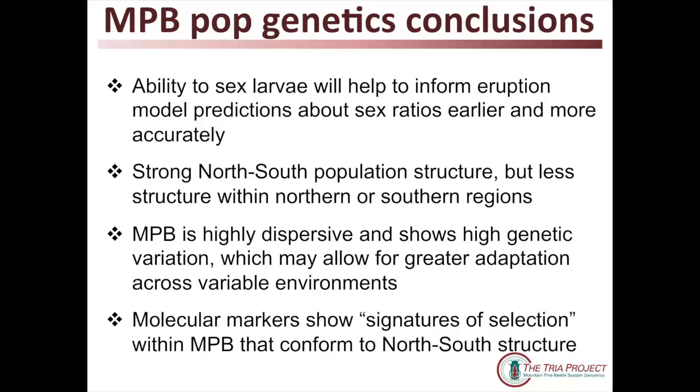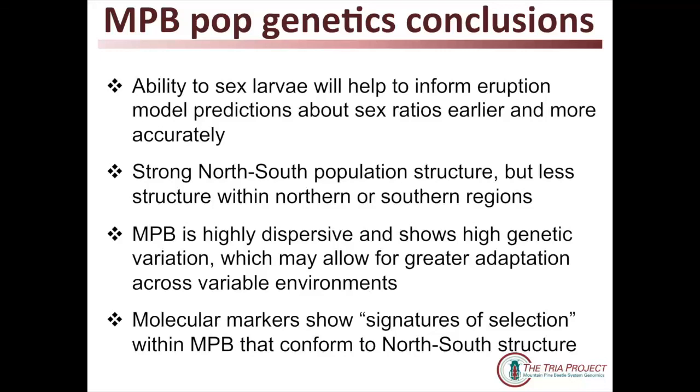So, the ability to sex the larvae to better inform the eruption model predictions; demonstrating that quite strong north-south population structure, which has now been shown both in the microsatellites and the SNPs. But within those regions, there's a lot of gene flow, which is itself useful information for the modelers. Even if there's no structure in some region, that's actually nicer. Their models can be a little bit simpler.